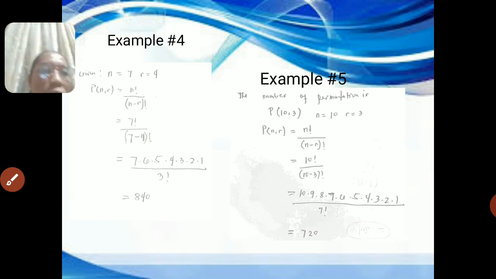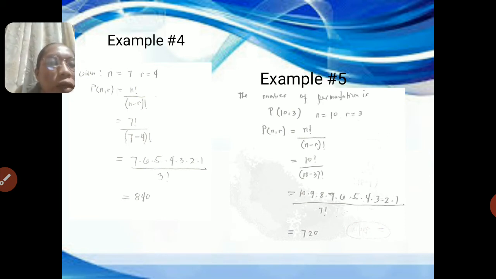So we need to substitute. The n factorial is 10 factorial divided by 10 minus 3 factorial. So the factorial of 10 is 10 times 9 times 8 times 7 times 6 times 5 times 4 times 3 times 2 times 1.